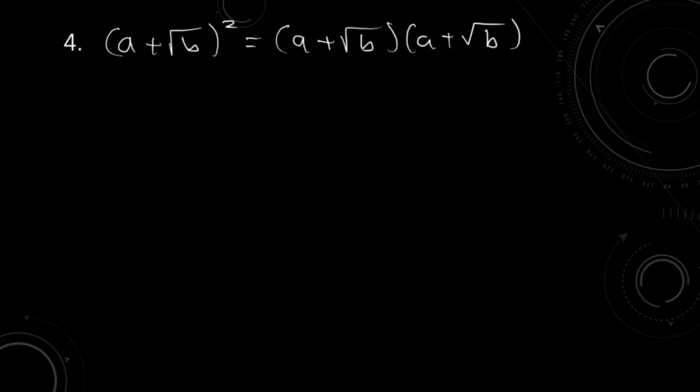Rule number 4: A plus square root B, all squared, would not give you A squared plus B. This is completely wrong.